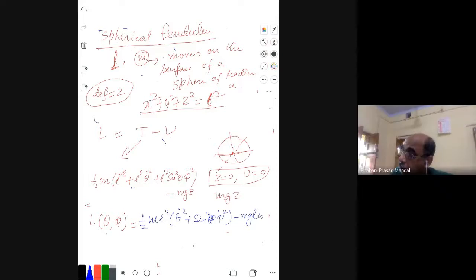You should not write z here, otherwise there will be 3 variables, theta, phi and z, but z is related to L cos theta. So this will be your Lagrangian for a spherical pendulum.